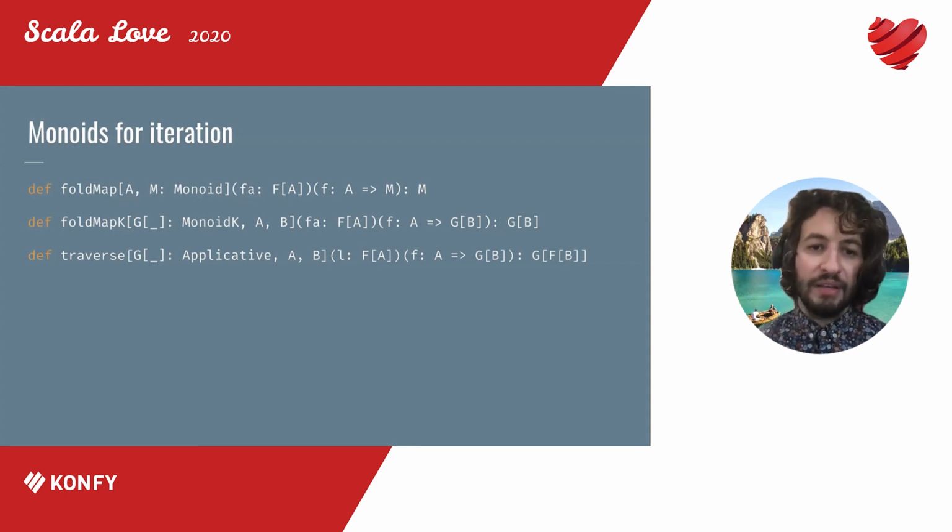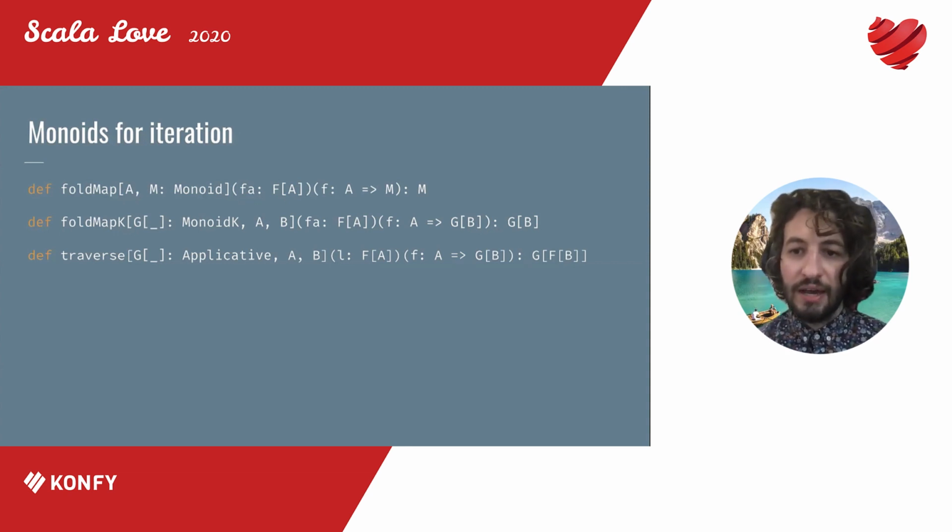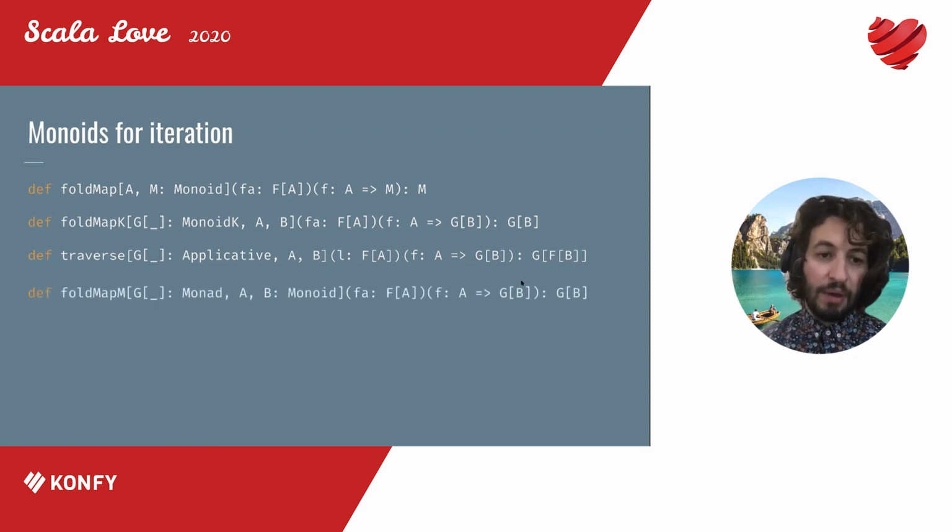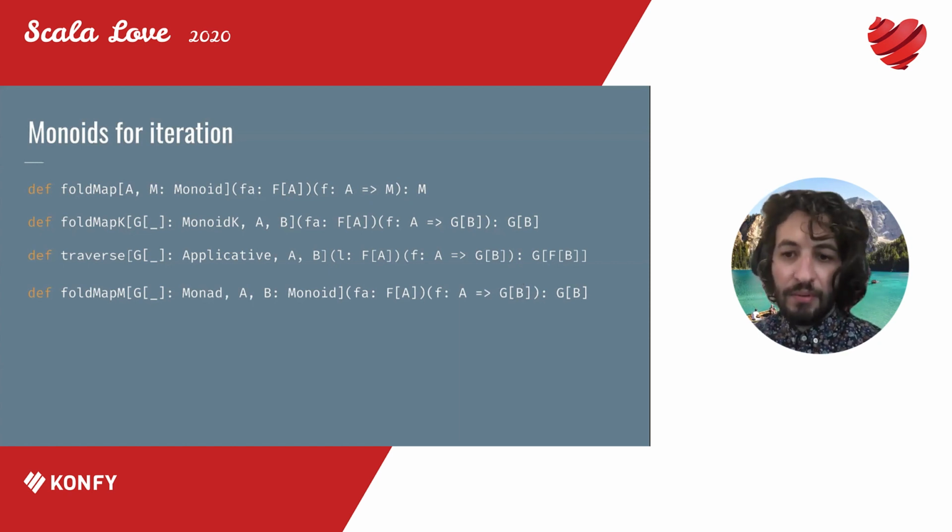We have an Applicative instead of a Monoid or a MonoidK, and we go, again, from A to G of B. But instead of tearing it all down, we kind of get back this F inside here. So instead of getting just a G of B, we get a G of F of B. And foldMapM, which is basically the same thing with the Monad, is also the same idea, right?